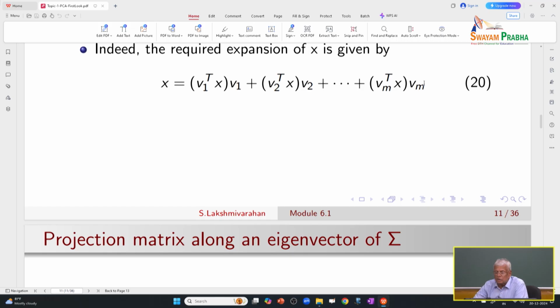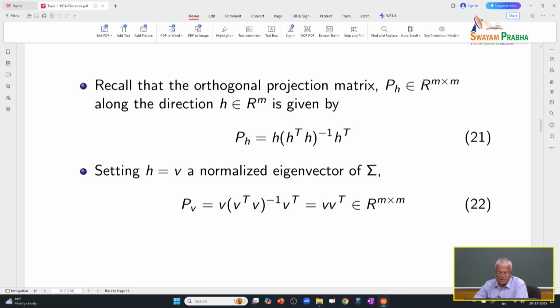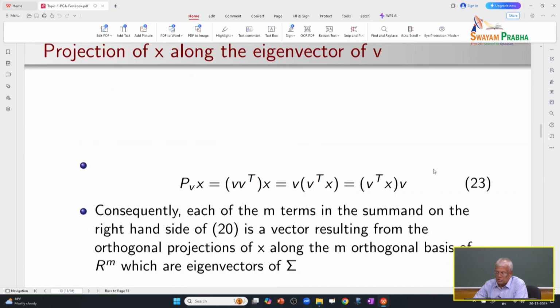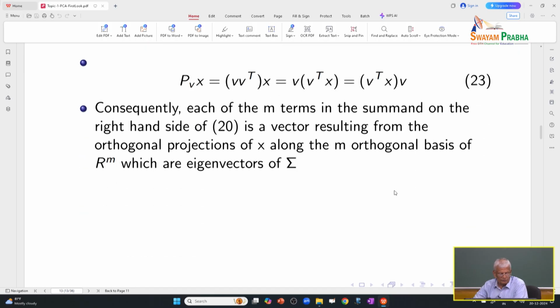So each of the terms in 20 has the same form as the projection in 23. I hope you are all with me now. Therefore, each of the m terms in the summation on the right hand side of 20 is a vector resulting from the orthogonal projection of x along the m orthogonal basis vectors for R^m, which are eigenvectors of sigma.